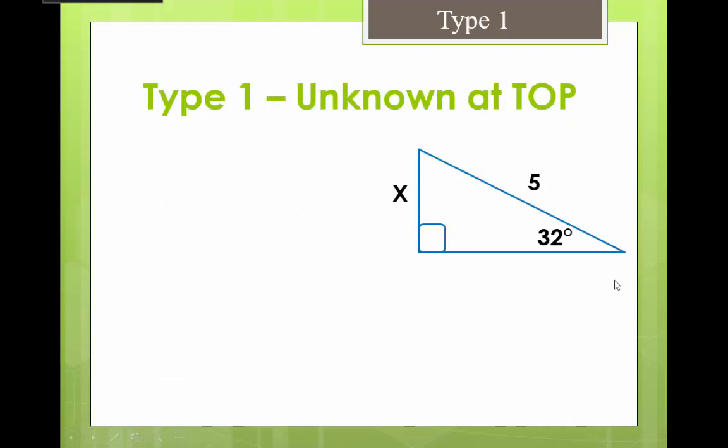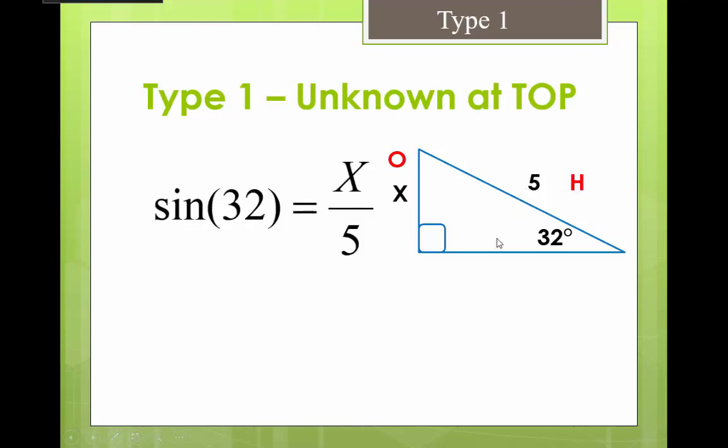So here's an example. What we do is identify our sides based on our angle. So x is our opposite side, opposite the angle, and that 5 is our hypotenuse. So that tells me I'm using sine, opposite over hypotenuse. Now we substitute into the formula: sine of 32 equals opposite, which is x over 5.